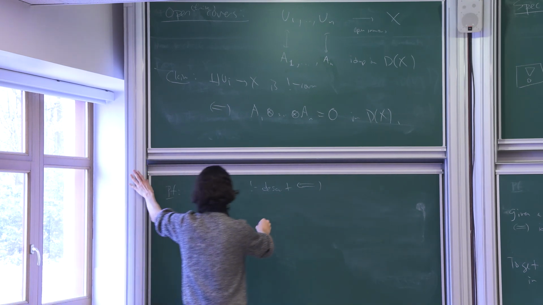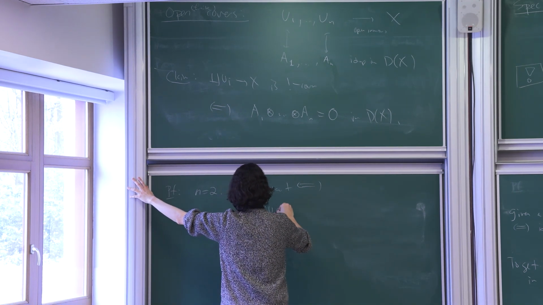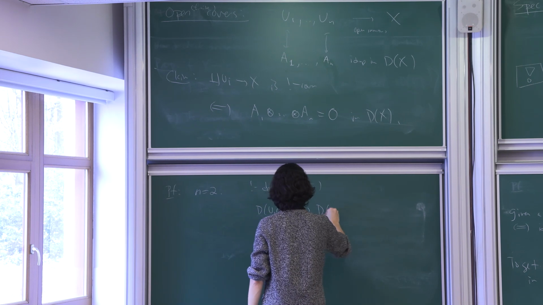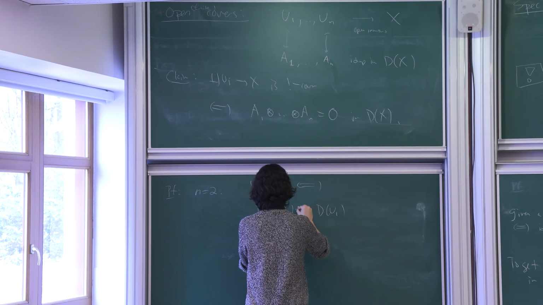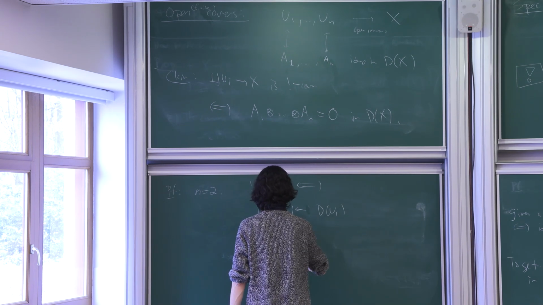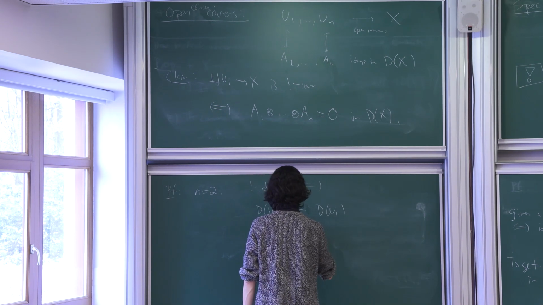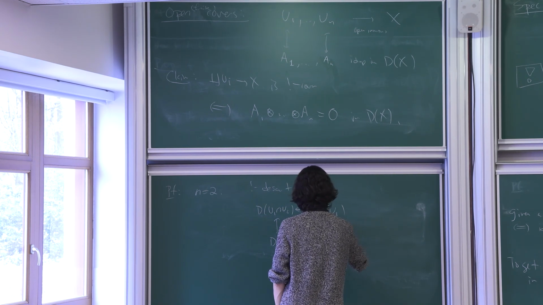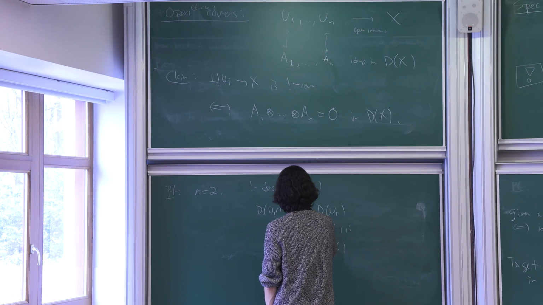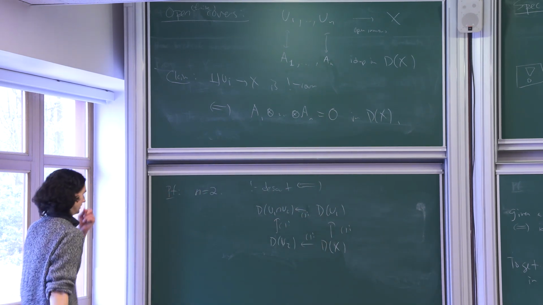So it's the same thing as D of U1 intersect U2, D of U1, D of U2, or maybe I'll make the maps go the other way. And these are the upper Schriek maps, all of them. Okay, and that should be a pullback.